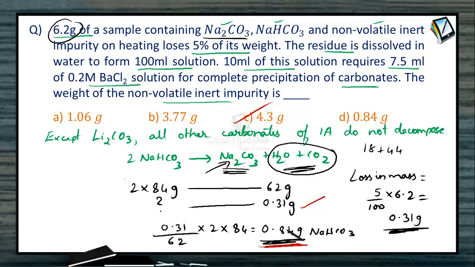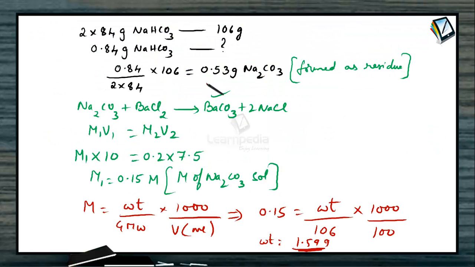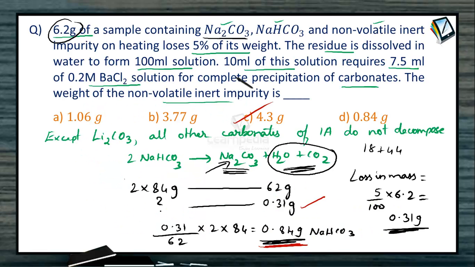Then after this, we calculated the amount of residue formed, because the residue is now dissolved in 100 ml solution. If 2 moles of sodium bicarbonate is decomposed, we are getting 1 mole of sodium carbonate. But here we have 0.84 grams of sodium bicarbonate, so this will give 0.53 grams of sodium carbonate as residue.